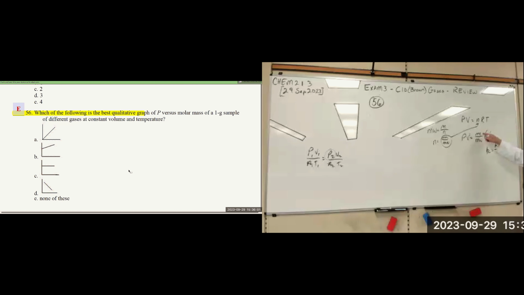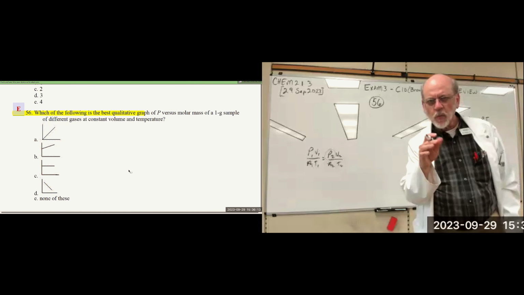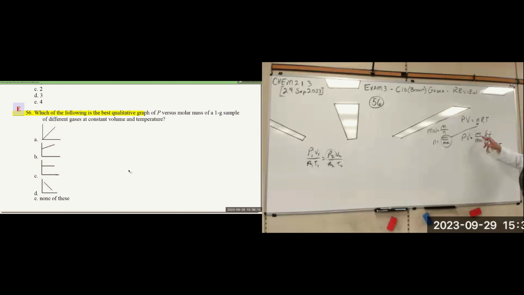And then that's the one that gets me, mass. Oh, wait a minute. 1 gram sample. Mass is constant too. Right? They're all 1 gram samples. So this is mass over here.